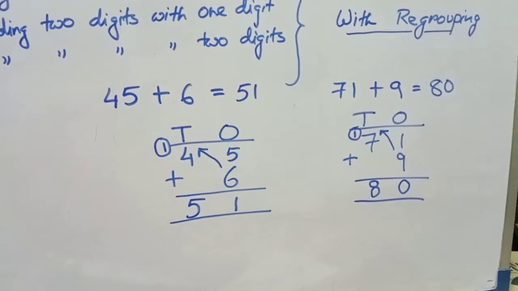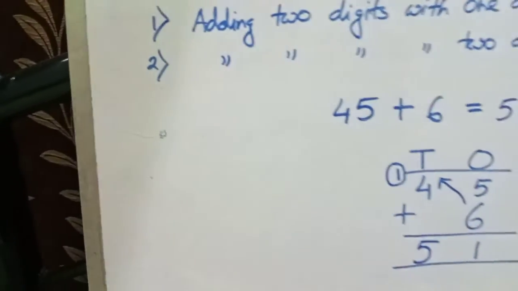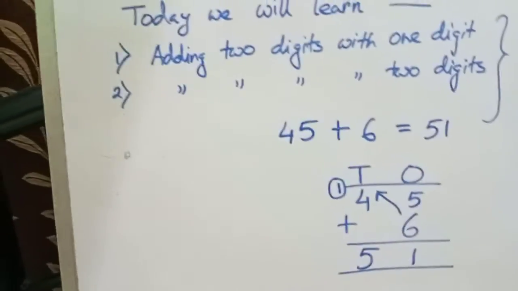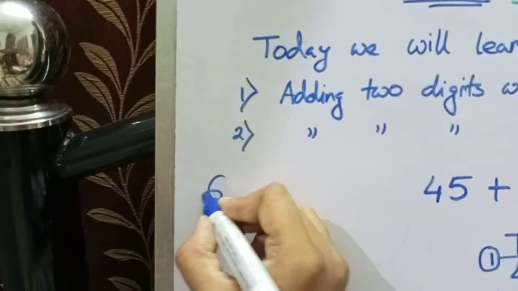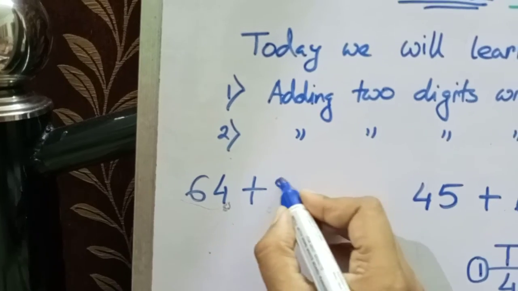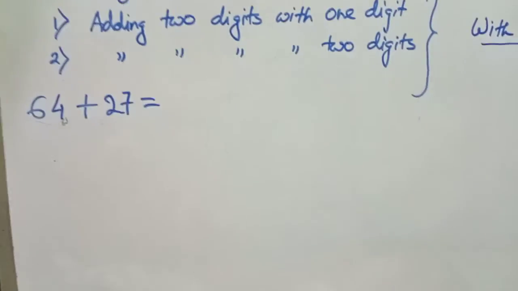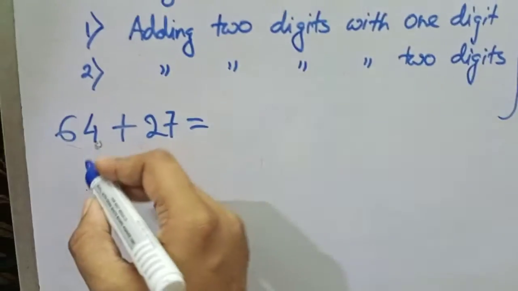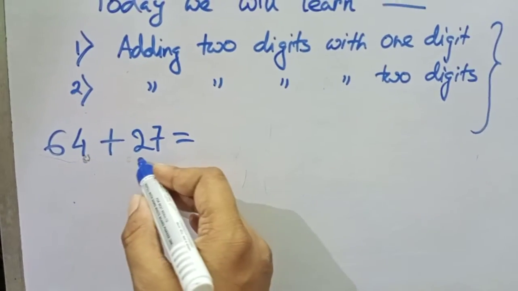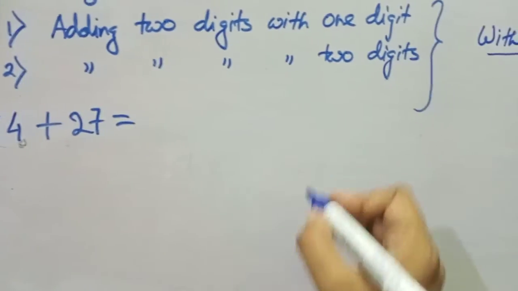The next part that we are going to discuss is addition of two-digit numbers with two digits. Let us take another example, 64 plus 27. I'll just rub the board. Now again we are going to add 64 and 27. These are the two addends and we have to find the sum.